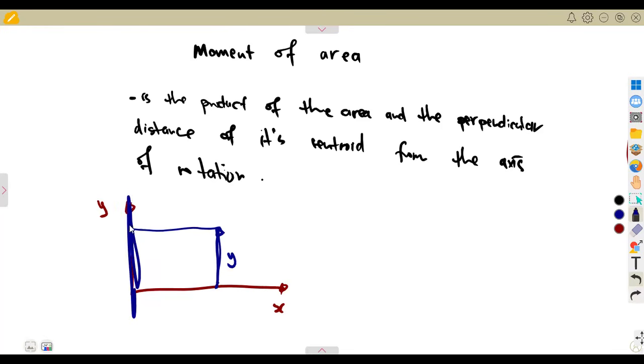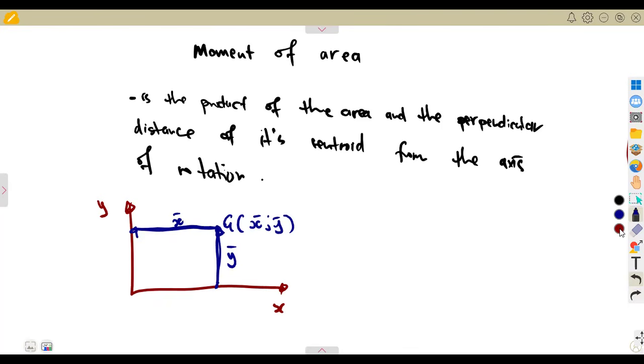If you're talking about the y-axis as the rotation, the distance is this one from the y-axis up to this point. This is the distance that we talk about. So together, you obtain a point, which is your centroid point, given as x bar, y bar, like that. Representing what? A centroid.